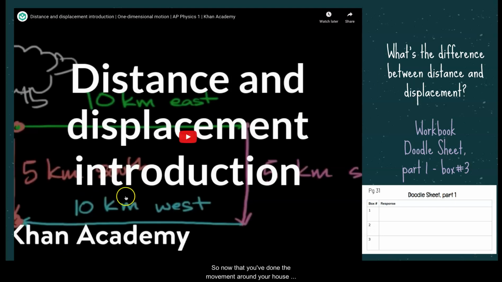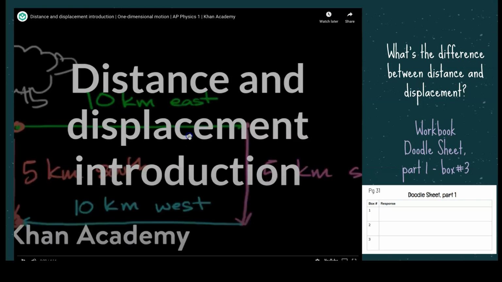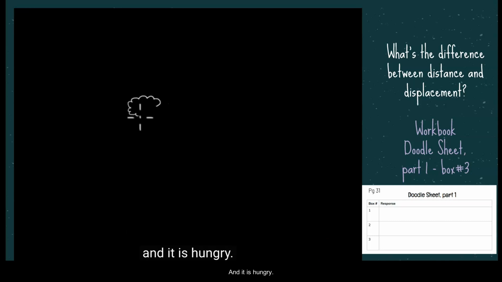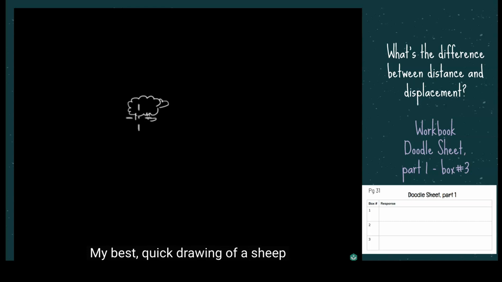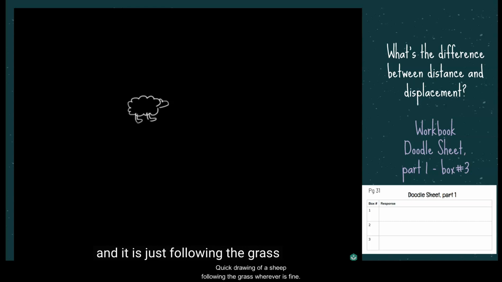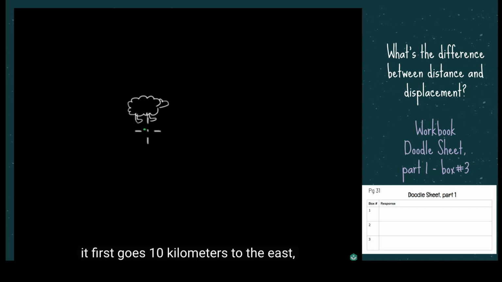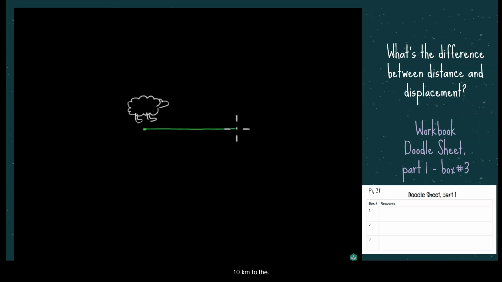So now that you've done the movement around your house, we're going to talk about distance and displacement. Let's say we have a sheep and it is hungry. That is my best quick drawing of a sheep, and it is just following the grass wherever it finds good grass to eat. In pursuit of tasty grass, it first goes 10 kilometers east.